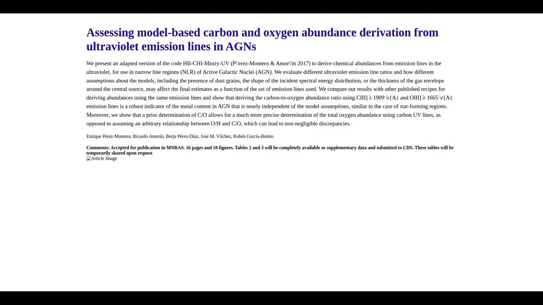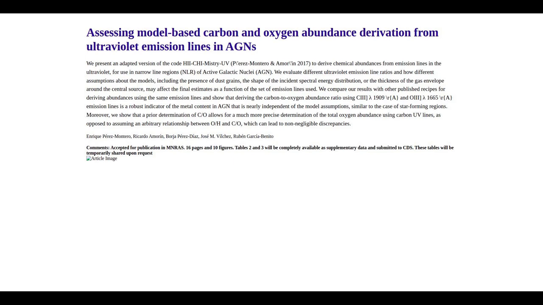We compare our results with other published recipes for deriving abundances using the same emission lines and show that deriving the carbon to oxygen abundance ratio using C III] λ1909 and O III] λ1665 emission lines is a robust indicator of the metal content and is nearly independent of the model assumptions, similar to the case of star-forming regions.